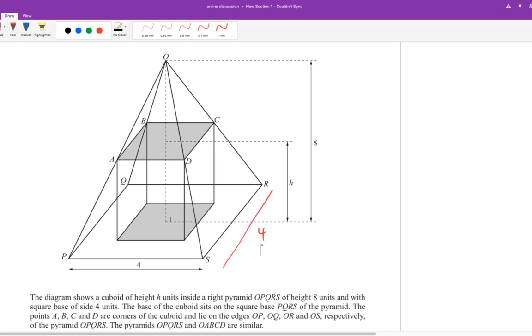The base of the cuboid sit on the base of the PQRS of the pyramid. So the point A, B, C, D are the corner, and the cuboid lie on the edge. Okay. So, okay, this is similar. Whenever you see similar, you know you need to do something with similar triangle. So you will need to solve it first.